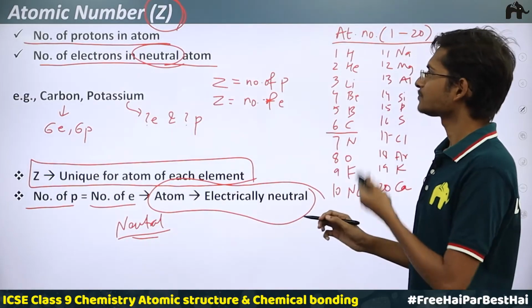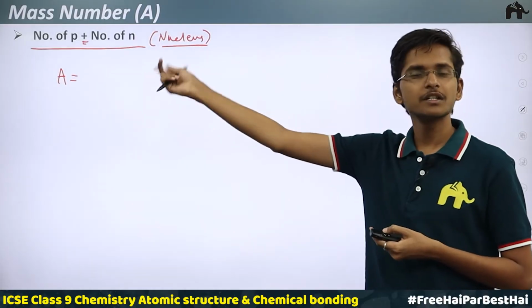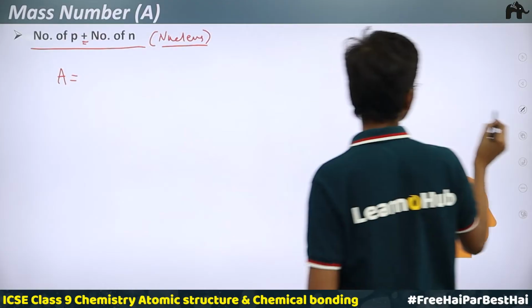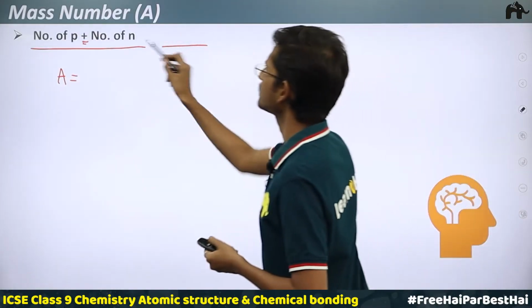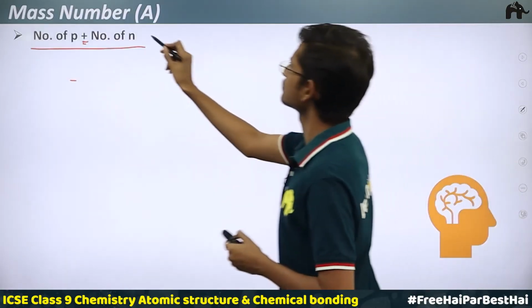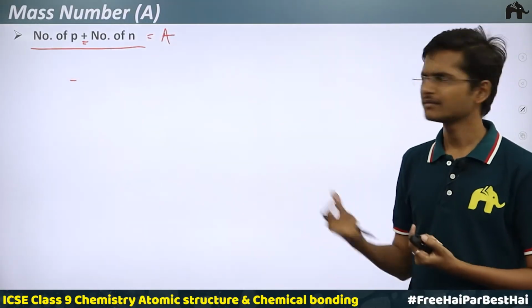Okay, clear? Now in case of mass number, I have told you mass number is simply the number of protons plus the number of neutrons. So I can just write it here itself. We can simplify this thing.